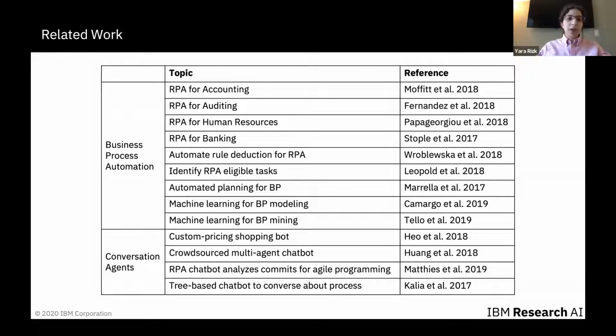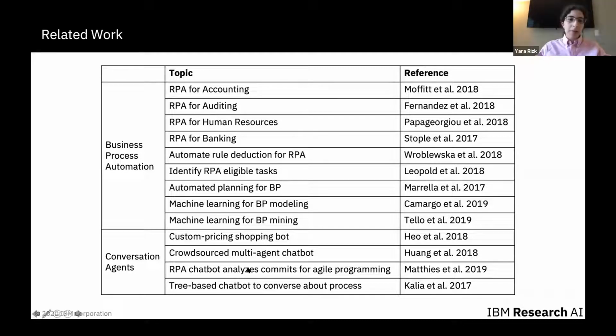So mainly dividing the literature into business process automation related work that includes different RPA solutions for specific domains, but also how machine learning and different AI solutions can be incorporated to solve other RPA related problems like identifying eligible tasks for RPAs and things like that. And also for conversational agents, there is a long list of work that has been done there. But also there has been some work that tries to combine both RPA and chatbots, as we see here in the third reference.